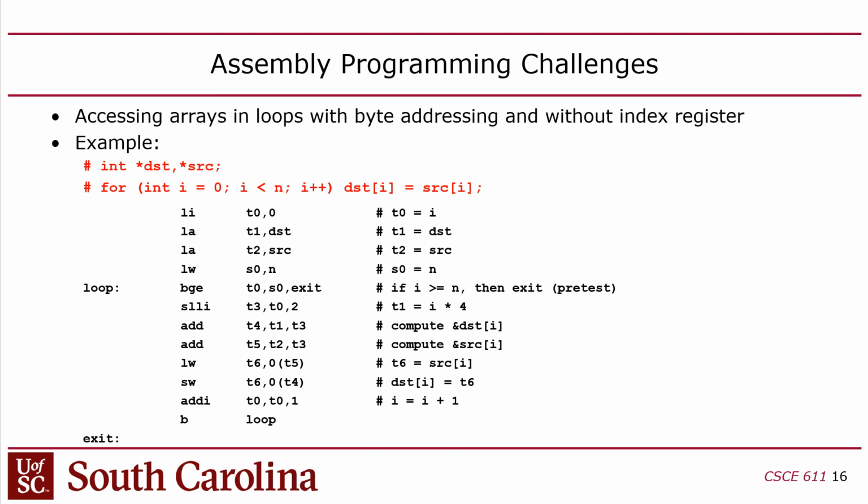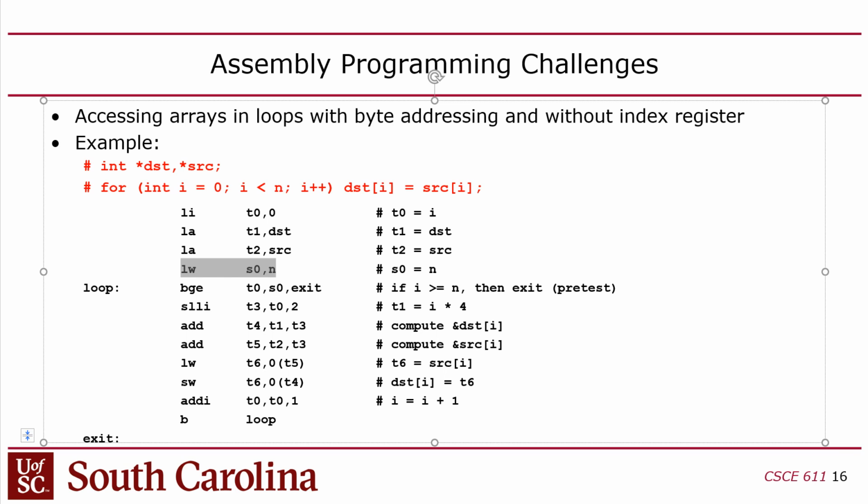Also note you have to load the loop iteration limit n into a register, because branch instructions or decision instructions don't accept immediate values. So even if that n were a constant, you would still have to load that constant into a register. N is a variable in this case. So I need to load in this case, S0 is my n in this loop.